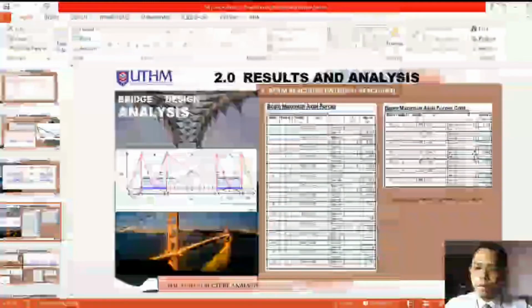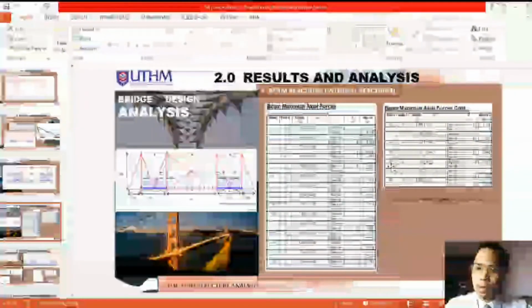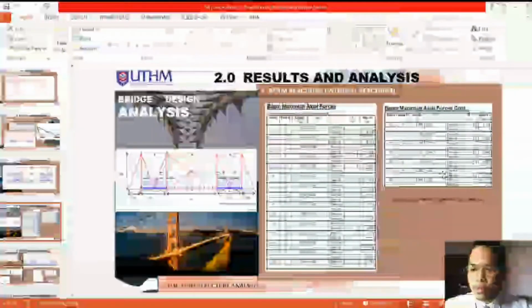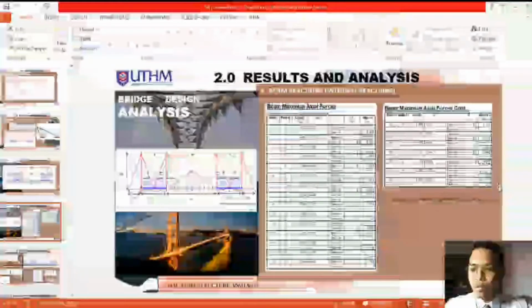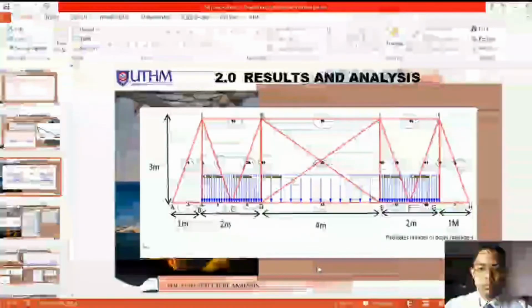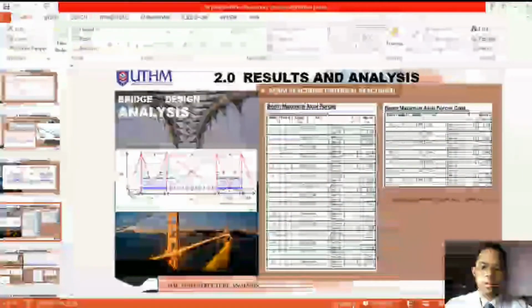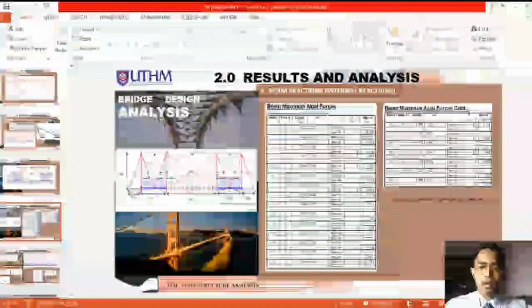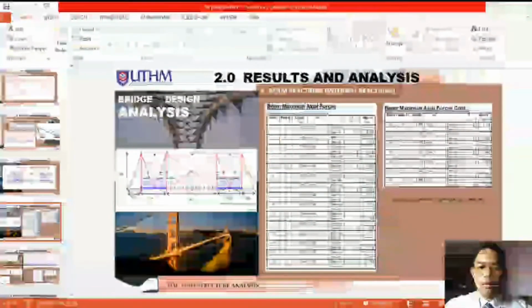Beam 19, 4.667. Beam 20, 4.667. Beams 21 and 22 both got the same, which is negative 1.027. I think that's all from me.